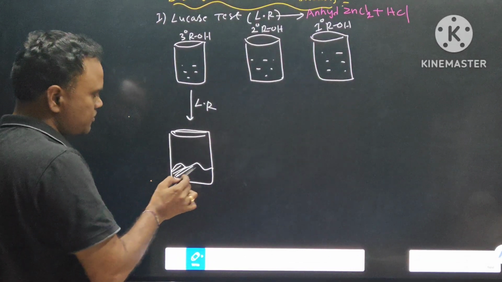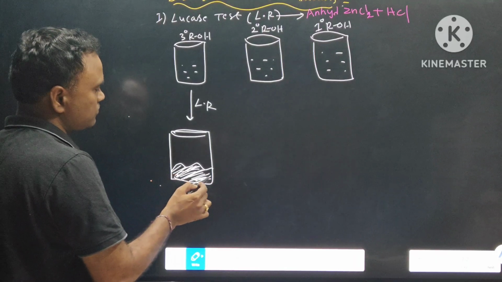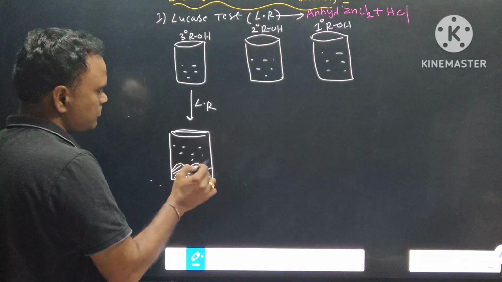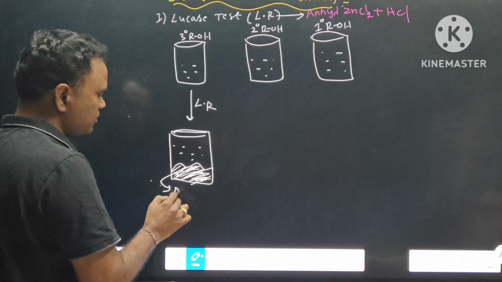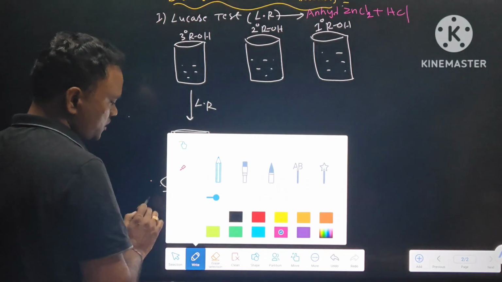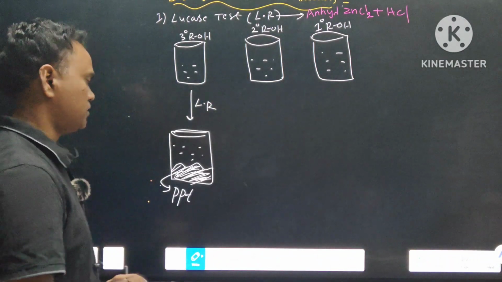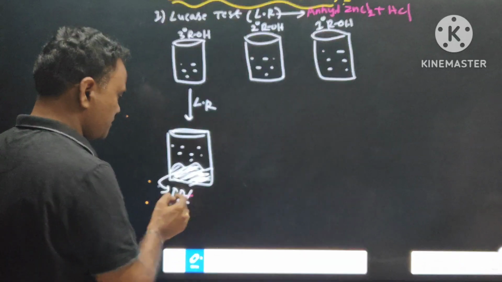This is the precipitate. Precipitate is formed, PPT, or what is another word for precipitate? Turbidity. Turbidity or precipitate, a solid deposit at the bottom of the test tube.